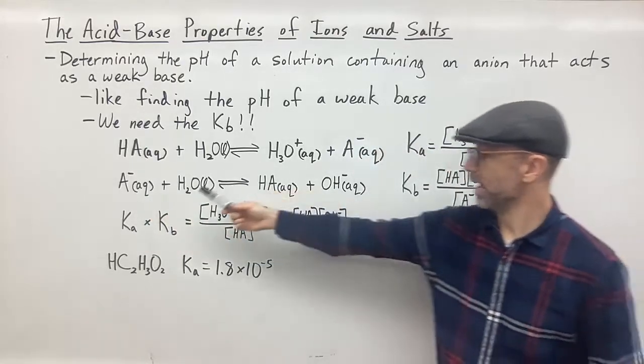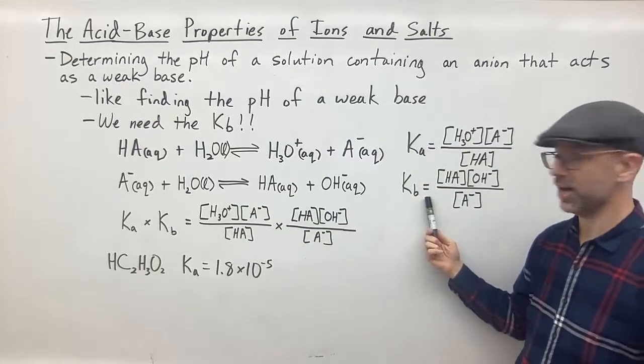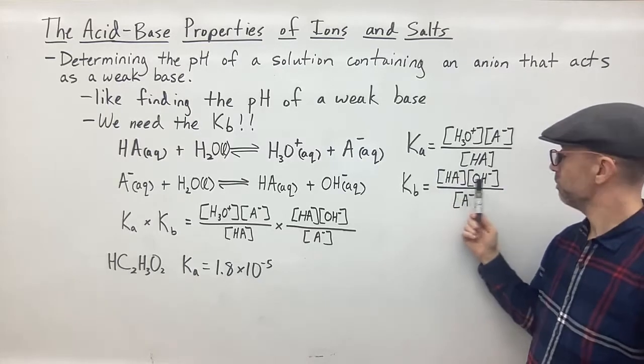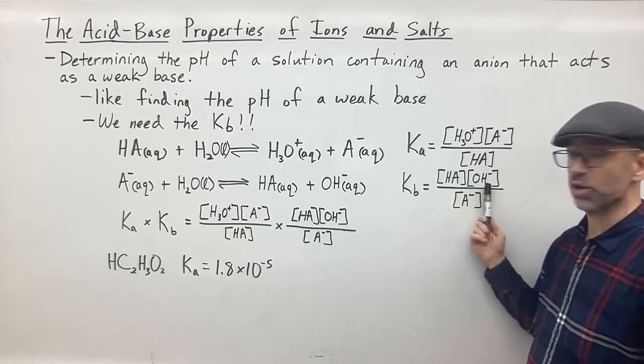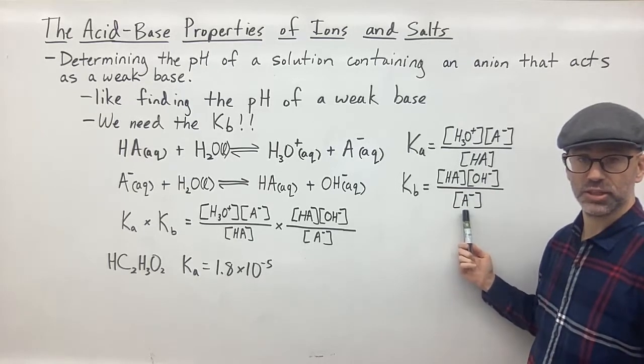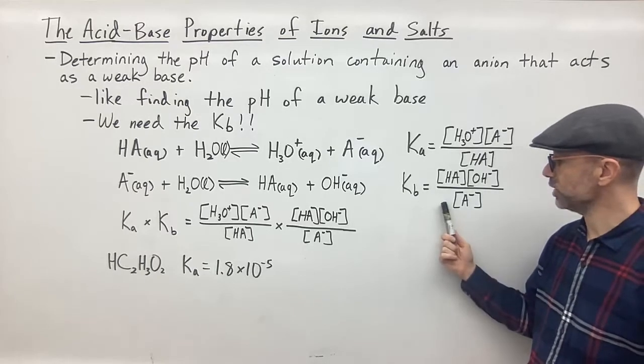Since your anion here is acting as a base, the Kb for this anion is going to be the concentration of your HA multiplied by the concentration of your hydroxide ion divided by the concentration of your anion here. So this is the Kb expression.